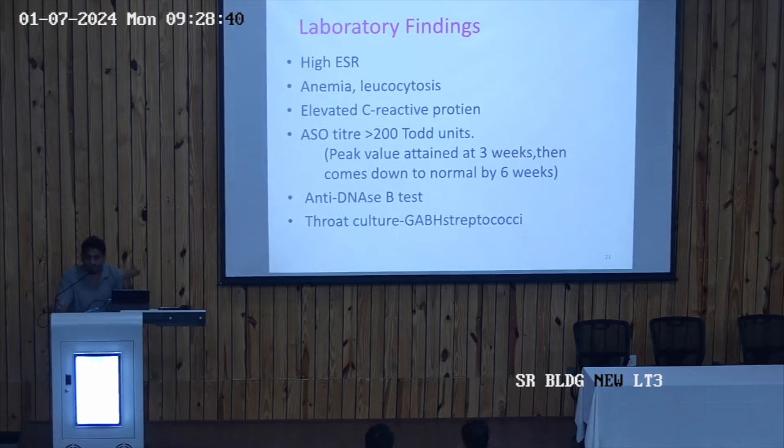ESR is raised and CRP is raised, which are acute phase reactants only. ASLO titer, the anti-streptolysin antibody titer, is positive if increased more than 200. Anti-DNase B we test, and then throat culture. If a patient coming to you has a throat infection, advise a throat swab culture.